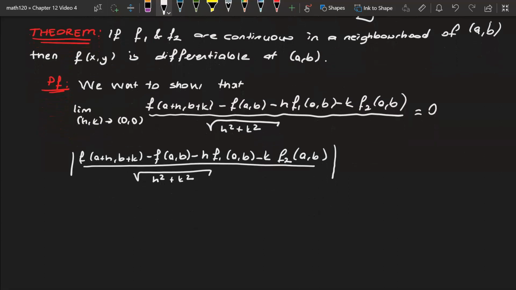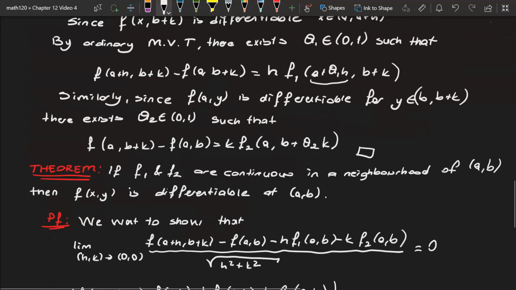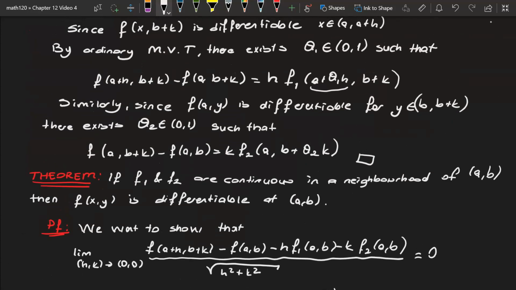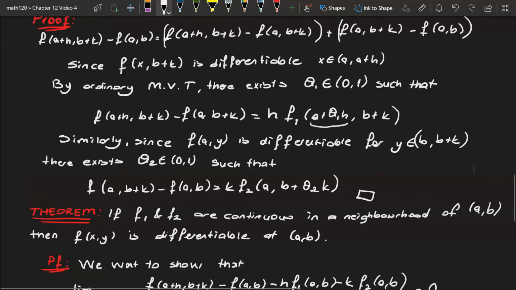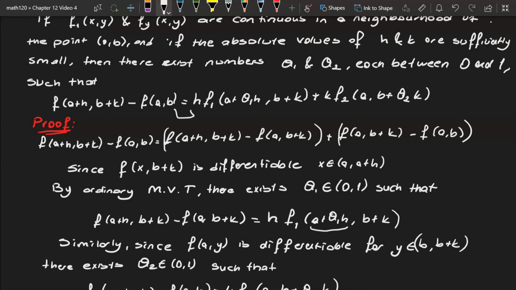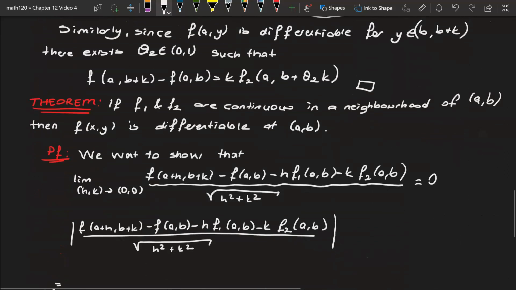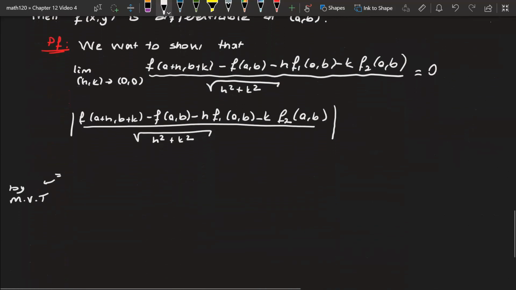Here we have f of a plus h, b plus k, minus f of AB. From the previous theorem, by mean value theorem, we have this expression for some delta 1 and delta 2.